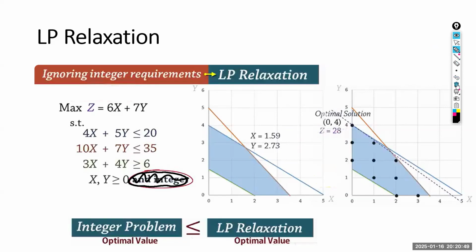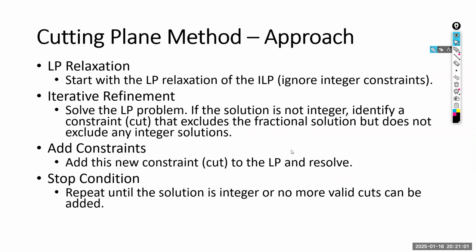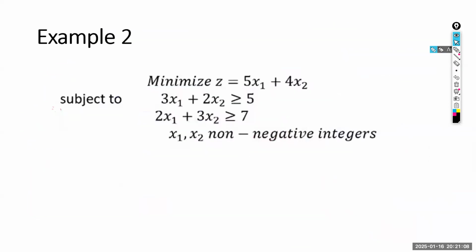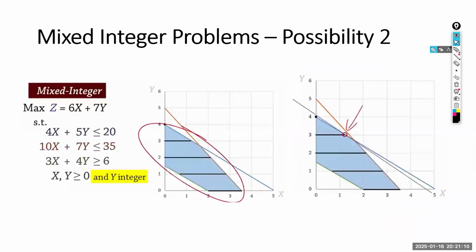And there are two approaches to get the integer solution. I will take one example from each approach. One is the cutting plane method. The other one is the branch and bound method.